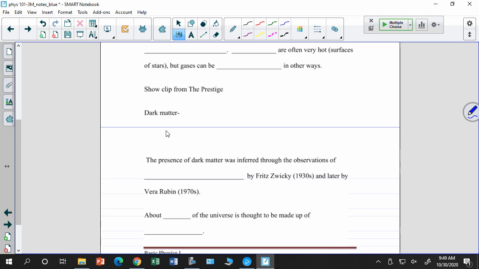And then there's another type of material. It's not really a phase of matter, but it's called dark matter. Dark matter is matter that doesn't emit or reflect light.